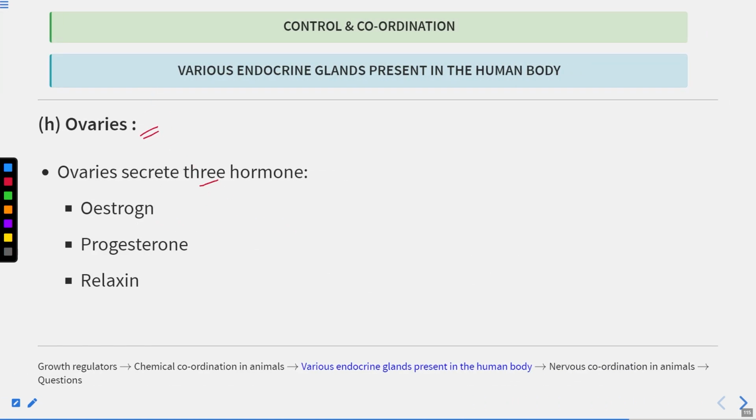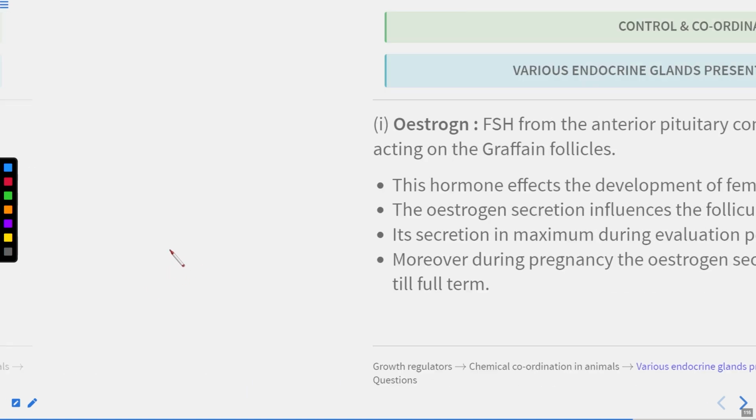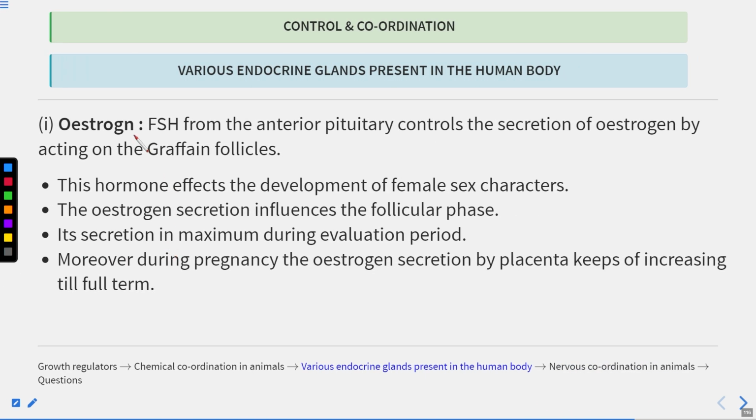So ovaries secrete three hormones: estrogen, progesterone, and relaxin. Let's study about estrogen. So the follicle stimulating hormone from the anterior pituitary controls the secretion of estrogen by acting on the Graafian follicles.